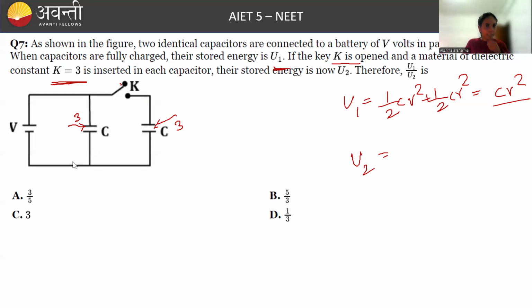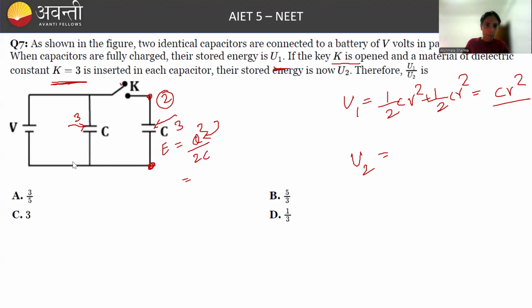So what happens actually? If we talk about inserting a dielectric in the absence of a battery, as is the case in capacitor 2, then since this is an isolated system, charge will remain conserved. So the final energy will be q square by 2C, the formula we will be using. Why? Because q will remain constant, while C will change by k times. C always changes by k times after inserting the dielectric.